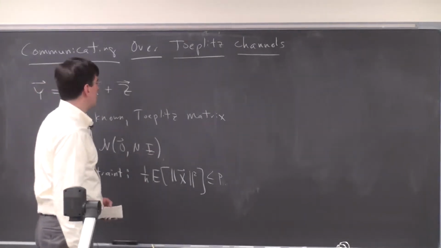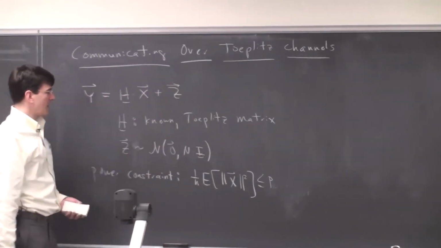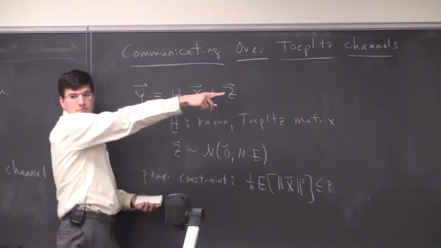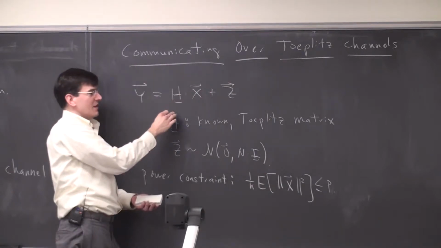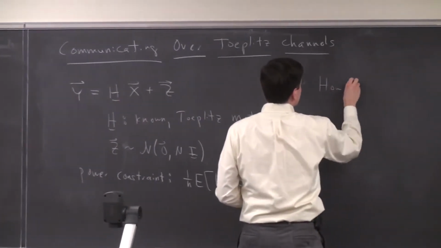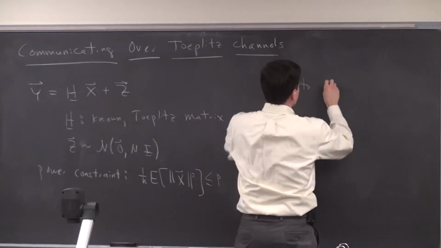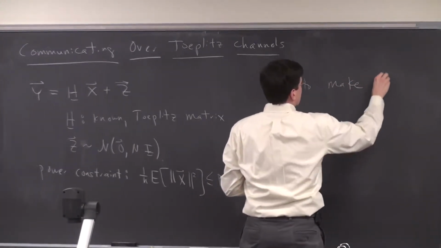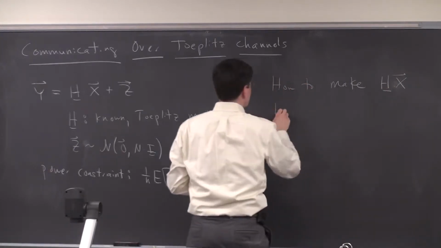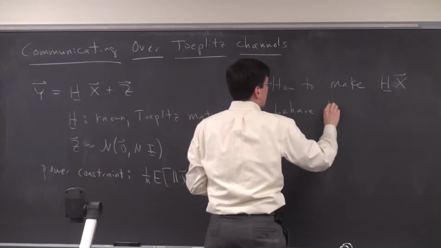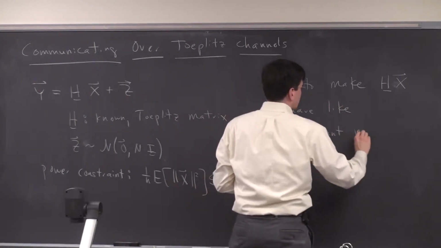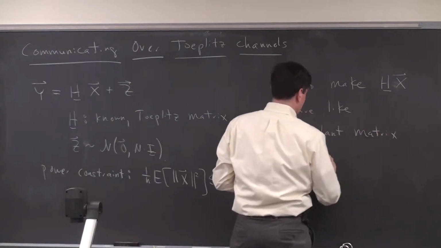Okay, so how do we communicate over this channel? If H was circulant, then we have a method, right? That's that over there. Trouble is H is Toeplitz. So the question is how to make this, H times X, behave like a circulant matrix multiplication?